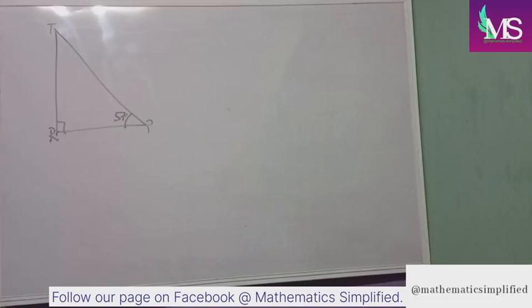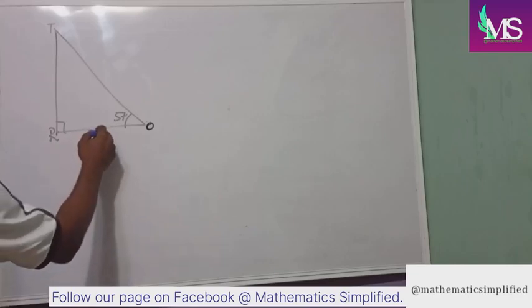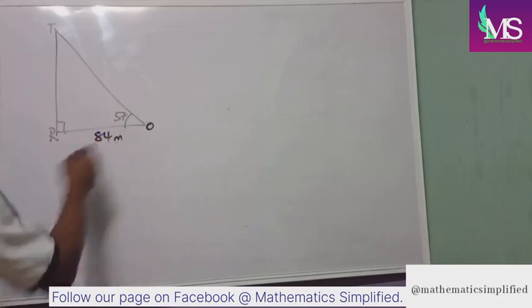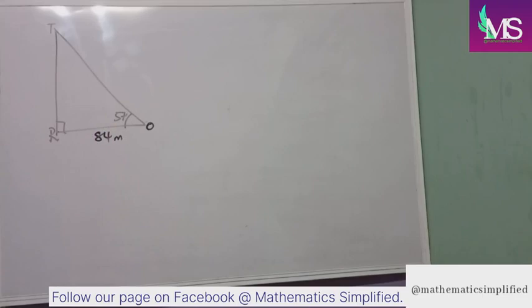The diagram above shows a tower TR and an observer at O. OR is 84 meters and the angle of elevation to the top of the tower T from O is 57 degrees.